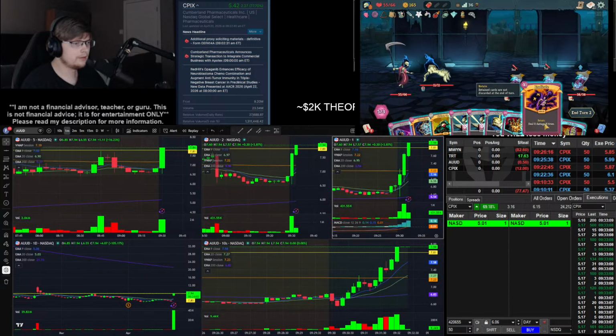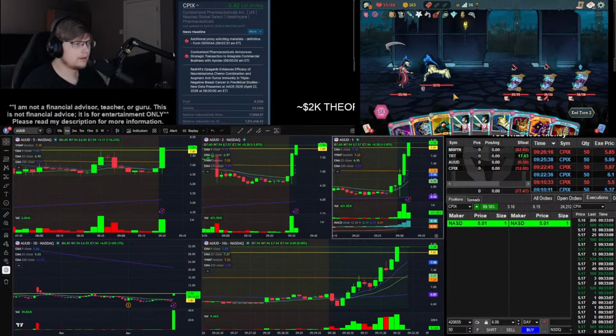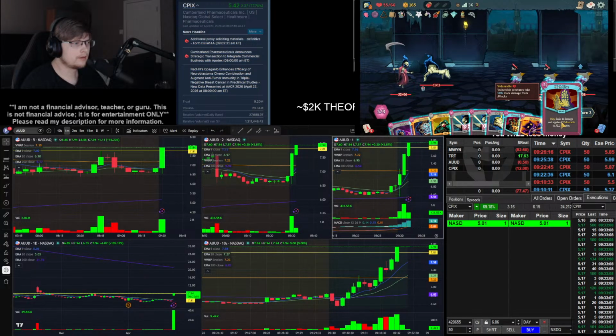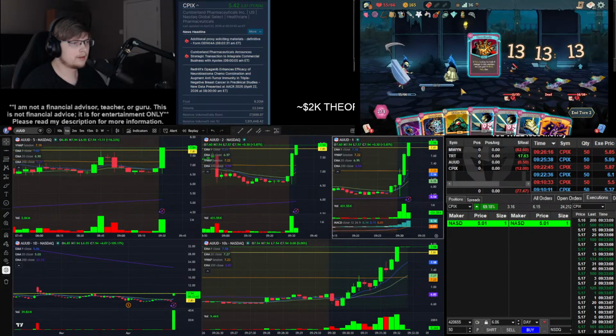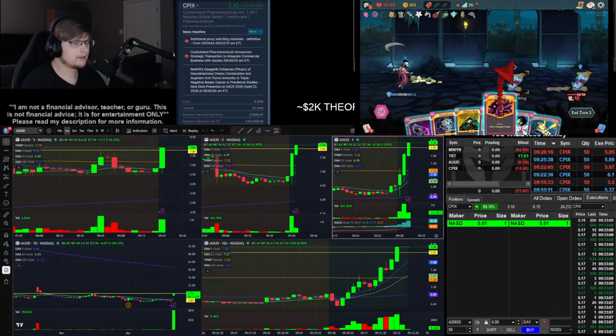So I only need 4 mana to kill the front guy. Or I could do this. I can bone shards. I can also still kill the front guy.